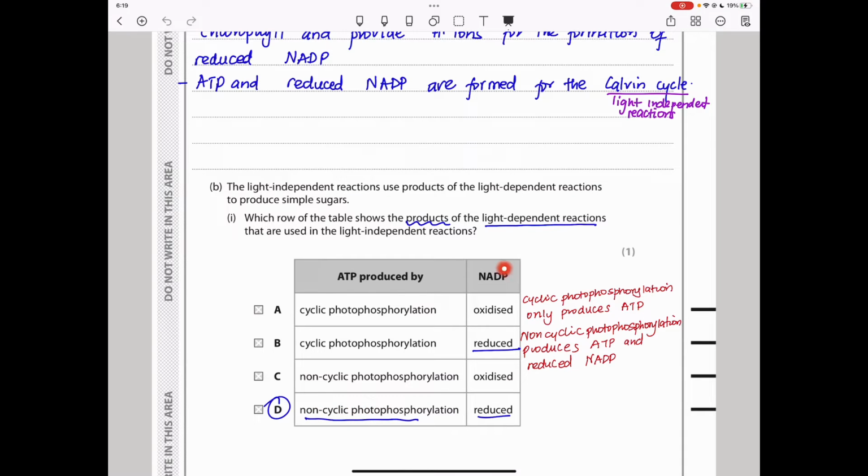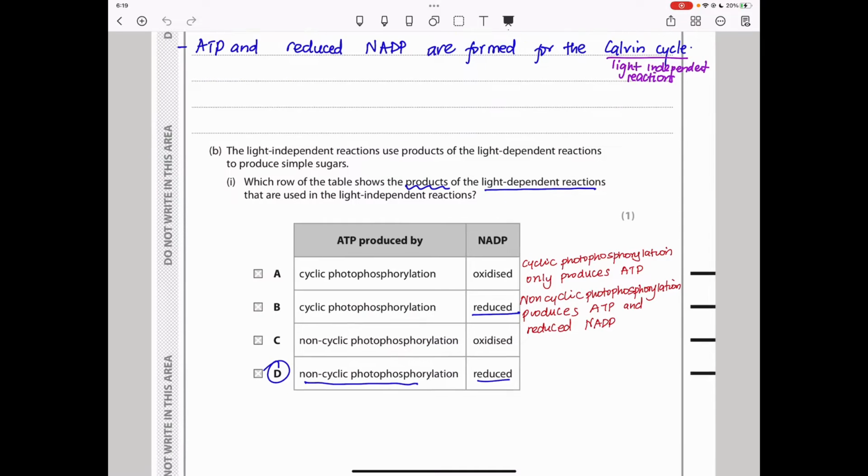Since we are looking at the product which is NADP, it has to be in the reduced form, and in this case it has to be non-cyclic photophosphorylation, because non-cyclic photophosphorylation will produce ATP and the reduced NADP, which can later go into the Calvin cycle. So it should be D as the answer for this question.